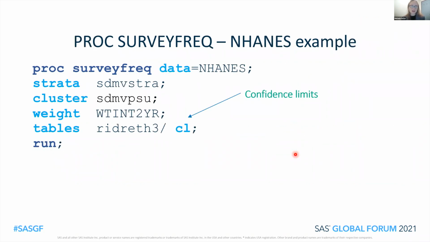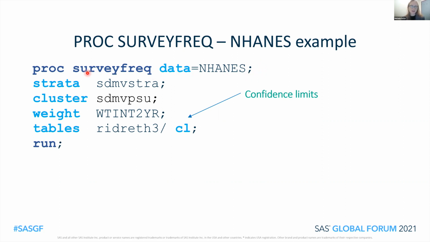So this is the PROC SURVEYFREQ SAS code applied to the NHANES data set. We specify our data set NHANES, and NHANES uses the Taylor method to estimate the variance, which is the default, so we don't need to list it on the first line.